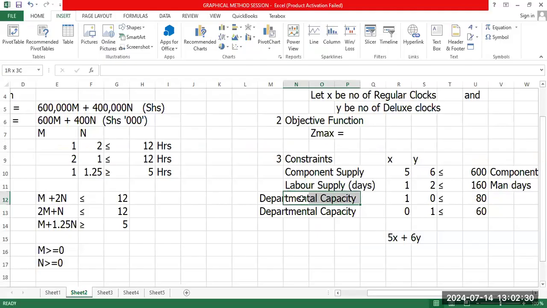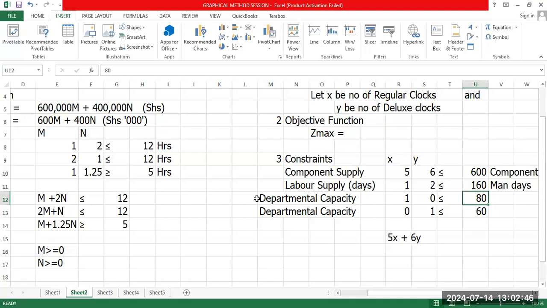To do this, I am trying to create inequality for only regular crop. Because if I say 1 times x, it will be x, then plus 0, it should be less or equal to 80.